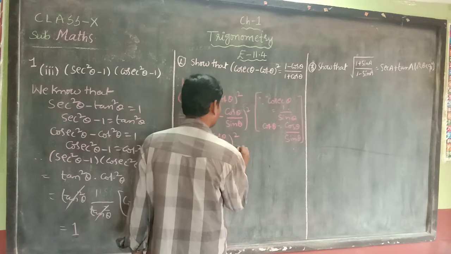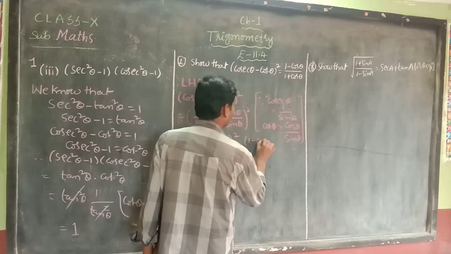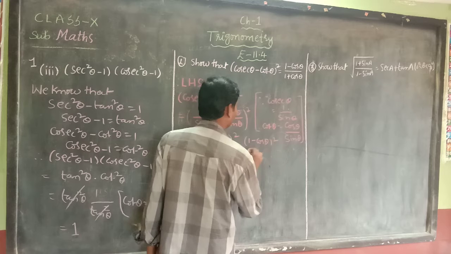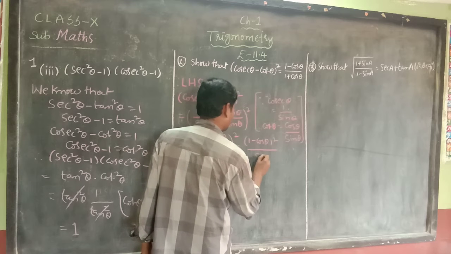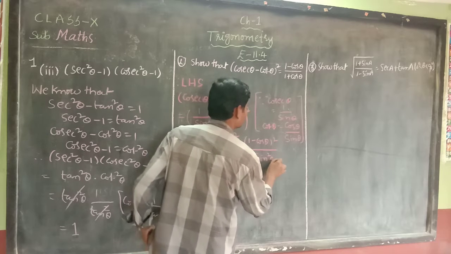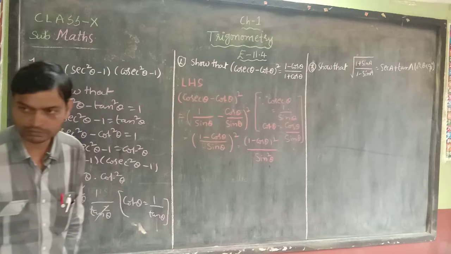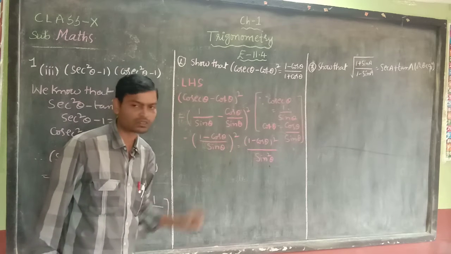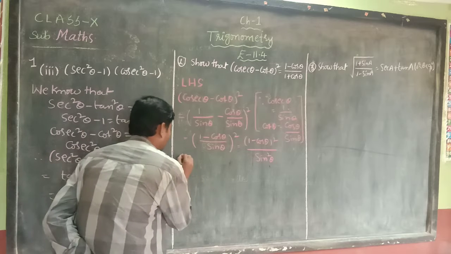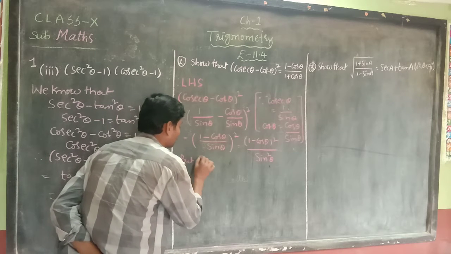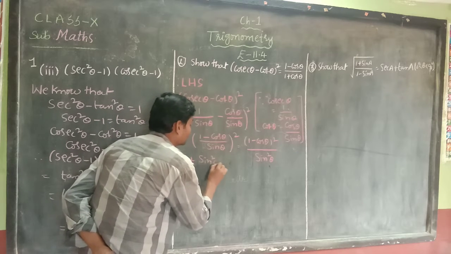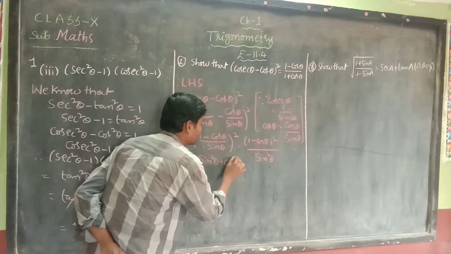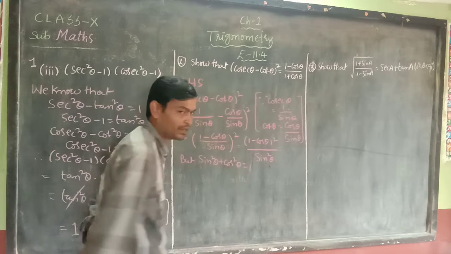So how can we write this one? 1 minus cos theta whole square by sin square theta. But sin square theta plus cos square theta is equal to 1.